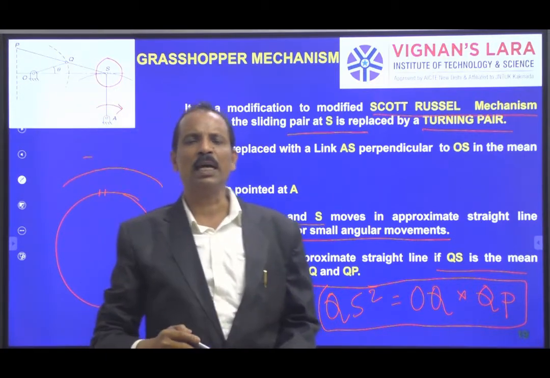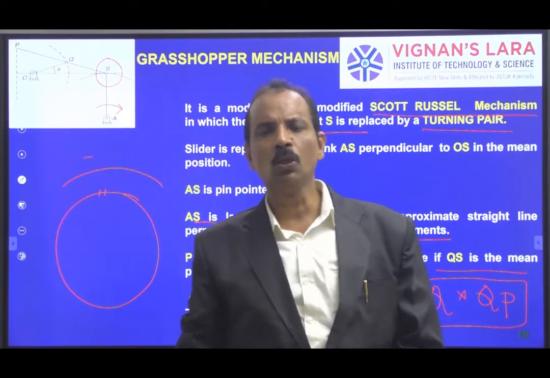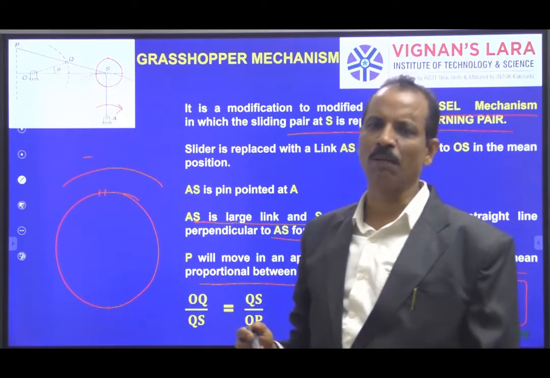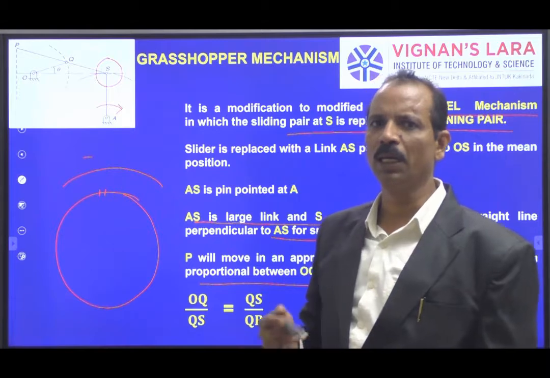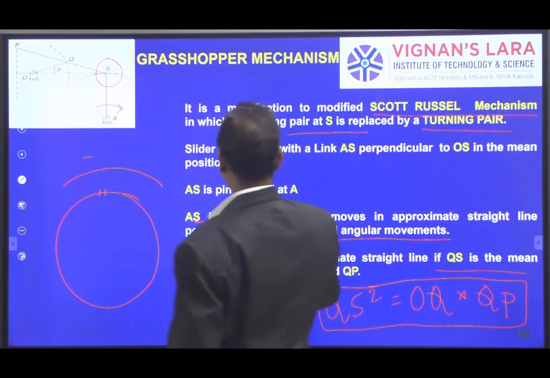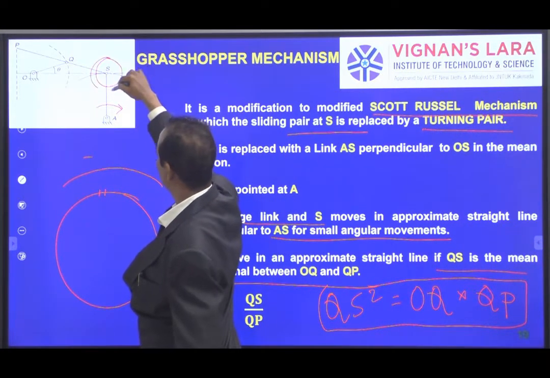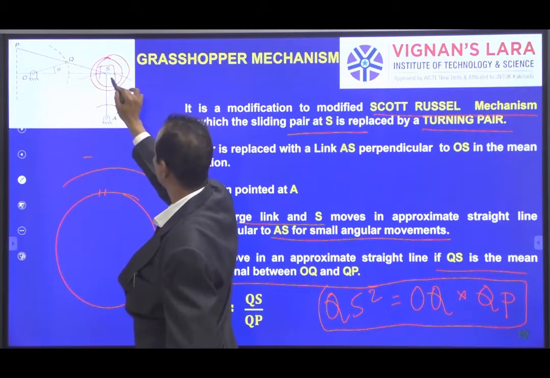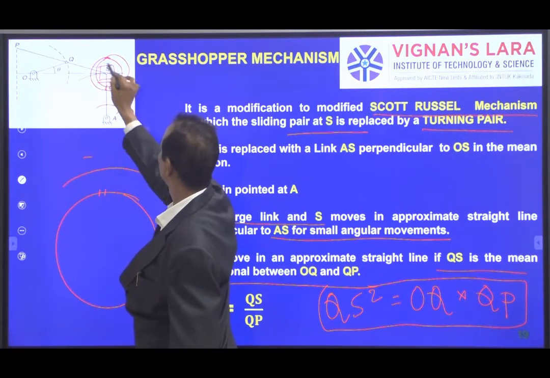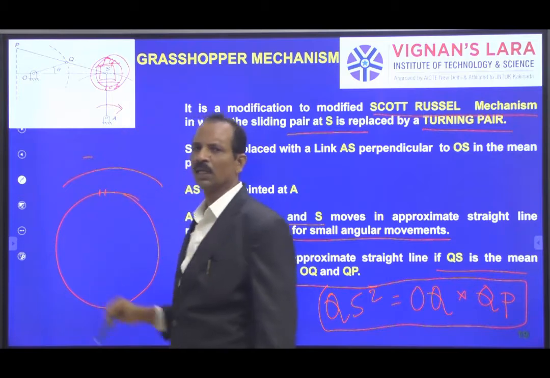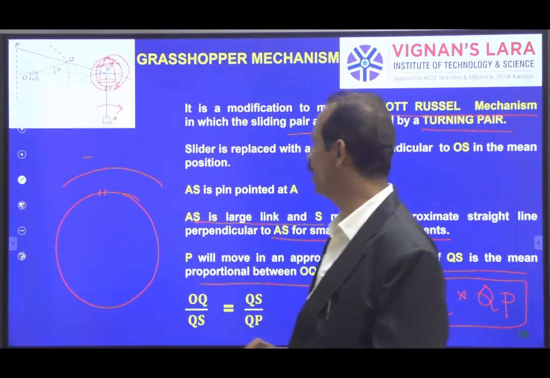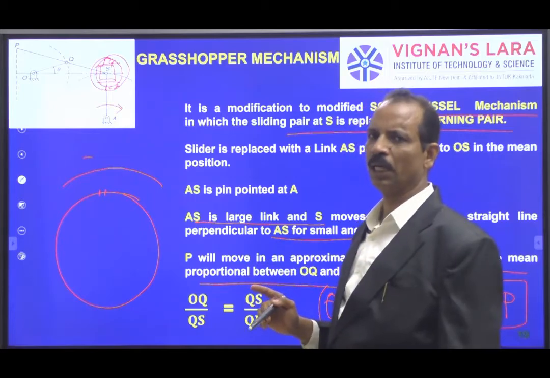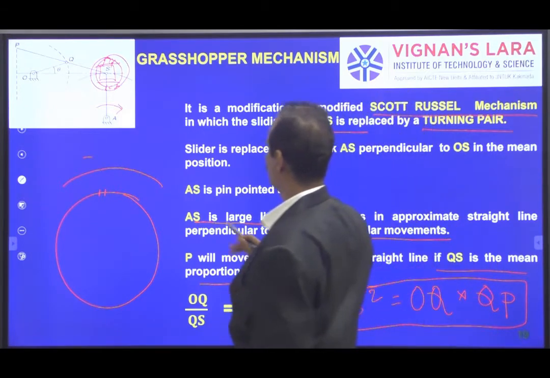This is a modification of the modified Scott-Russell mechanism, where the sliding pair is replaced by a turning pair. In the earlier case there was a slider, whereas here there is a turning pair. That is the only difference between the modified Scott-Russell mechanism and the Grasshopper mechanism.